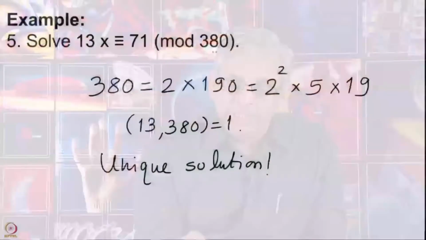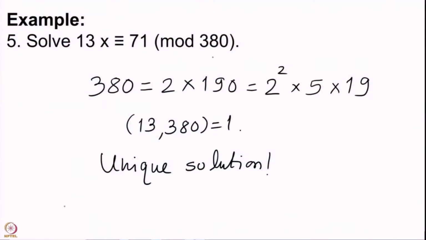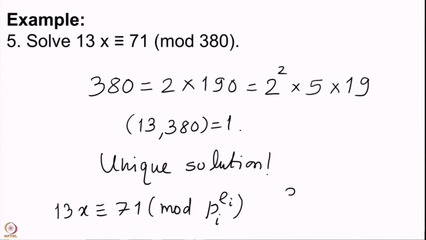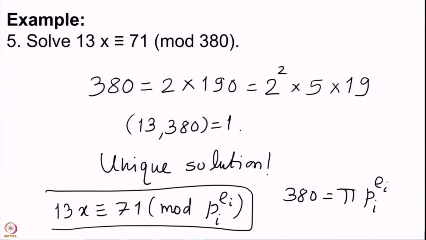So, what we observe is that 13x congruent to 71 modulo 380 holds if and only if 13x congruent to 71 mod pi power ei holds, where 380 is the product of pi power ei. So, we need to solve this system of linear congruences modulo each of these three.